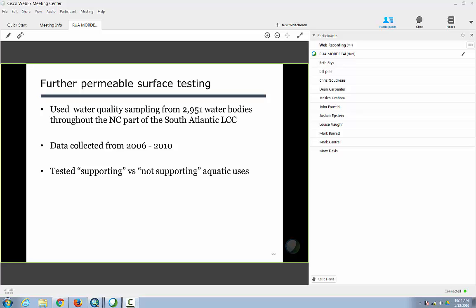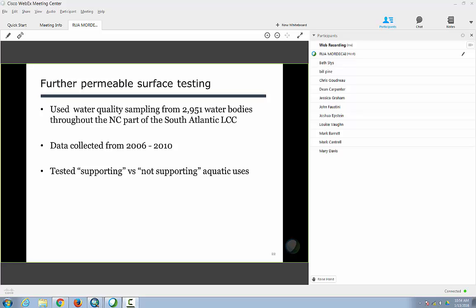So here's some testing that we did. In this case, it was North Carolina. Pulled some of the North Carolina water quality sampling from a whole mess of water bodies. This is the 2006-2010 data, and Chris Cujo probably knows this data very, very well.